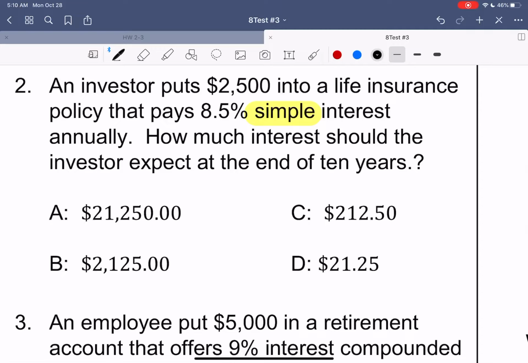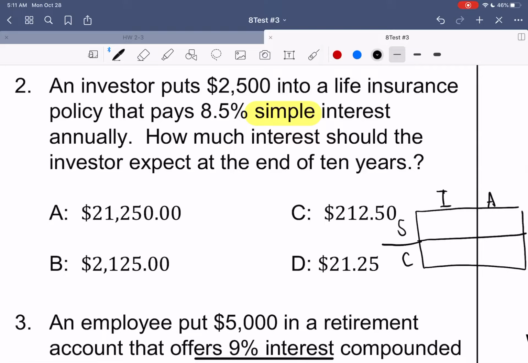So I'd like you to draw a little box here. And in this box, I want you to write S for simple, C for compound, I for interest, and A for total amount.